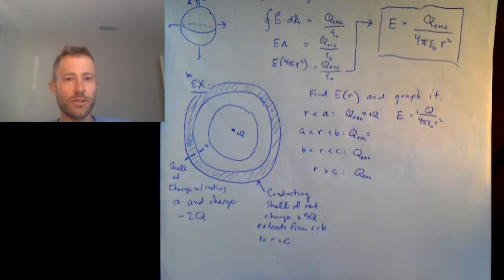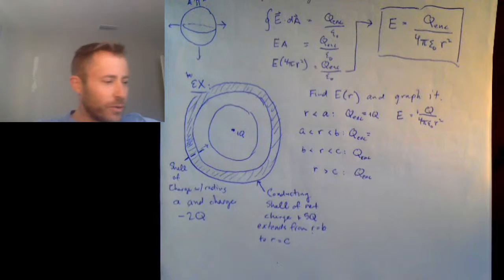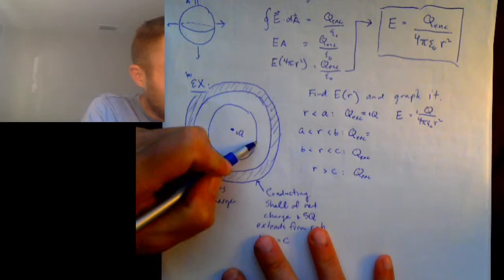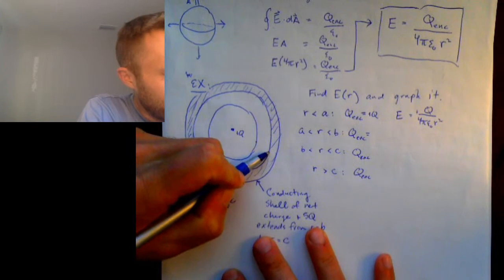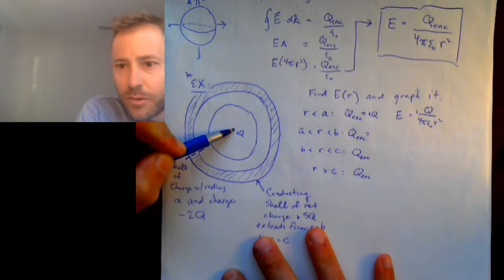How much charge is that Gaussian surface enclosing? Minus Q. Excellent.